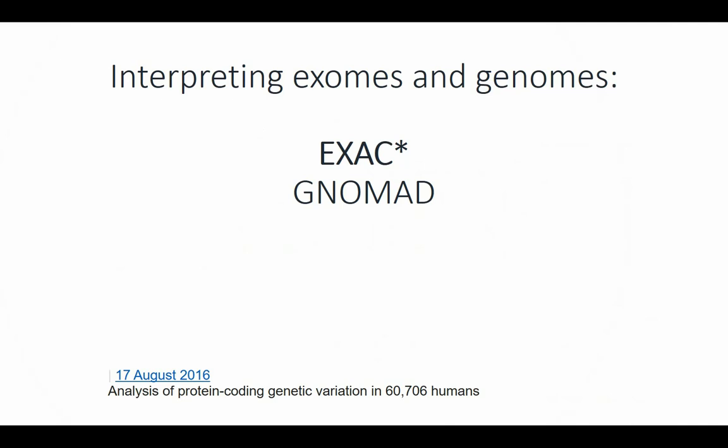So 60,000 people means 120,000 alleles. That was the number that I showed you in the beginning, 1 out of 120,000. This is ExAC. Now, ExAC really changed completely the way we understand the human population. Why? Because a huge amount of private mutations have been identified. It means that whenever people are doing somatic sequencing for a cancer, you need to go through your own basis of variation.